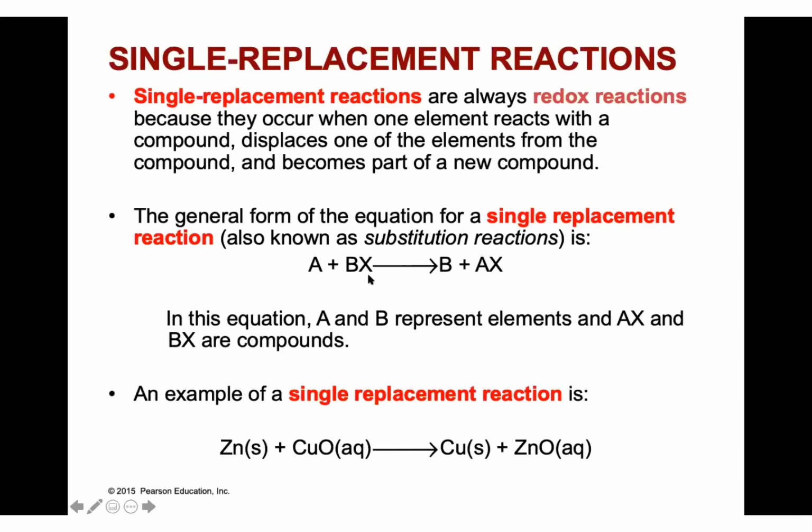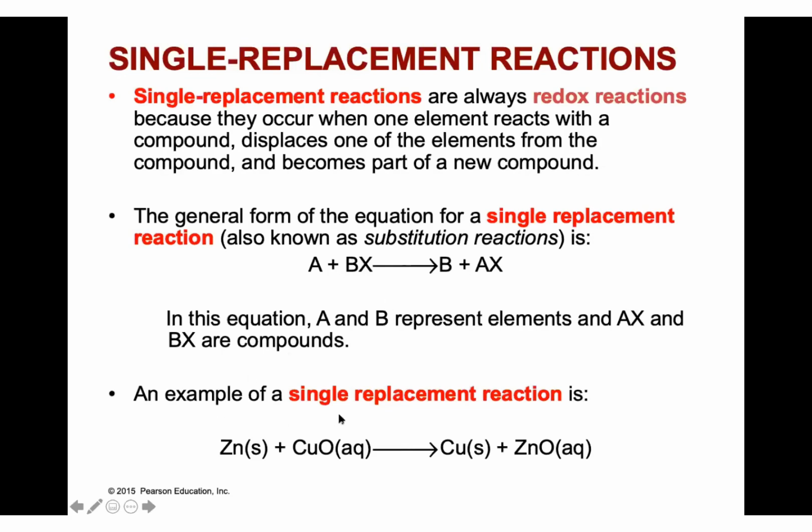On the right side, the cations switch basically. The metal, or this single element A, replaces B. So you see that on the right side, B is alone now, and A is combined with X. So B is replaced by A on the right side of the reaction.